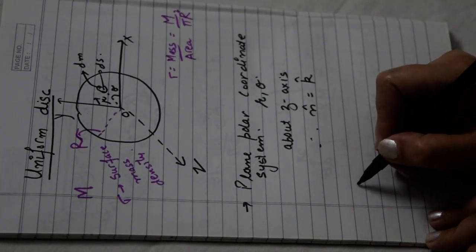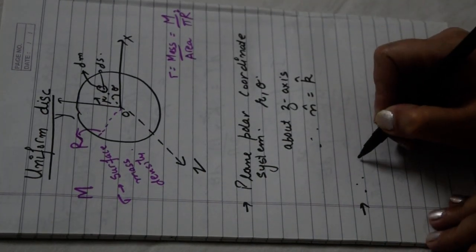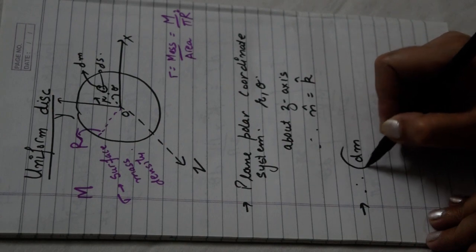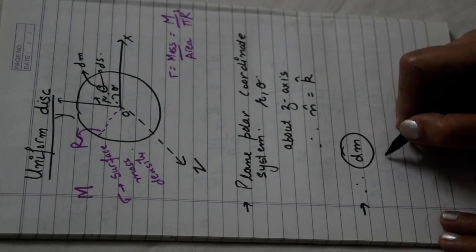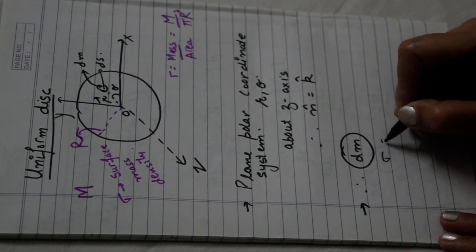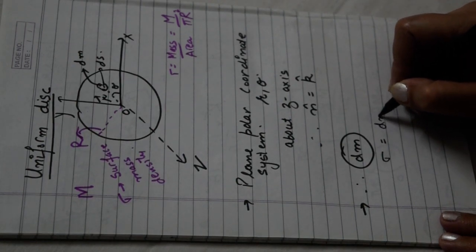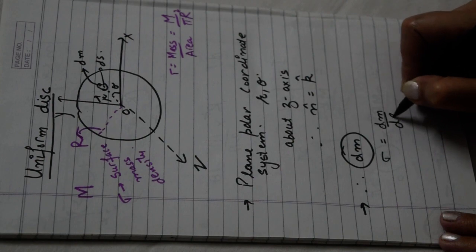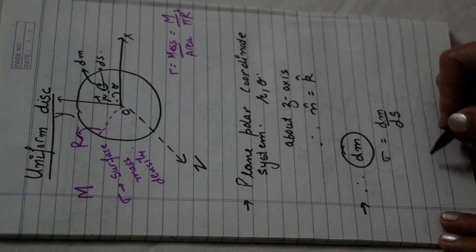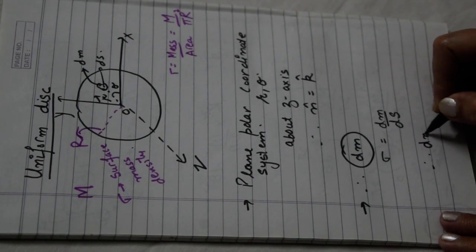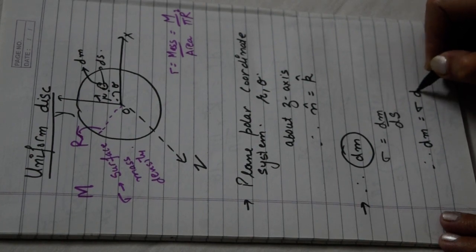Since surface mass density is mass upon area, for this small part it will be dm over ds. Therefore dm is equal to sigma ds.